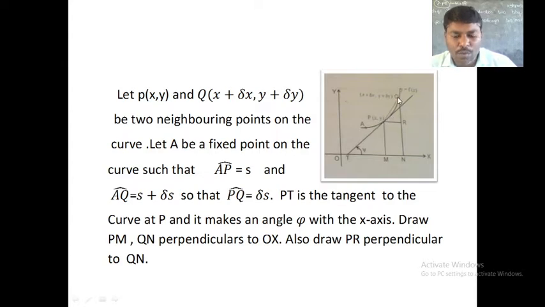PQ can be written as AQ minus AP, that is s plus delta s minus s, so that means arc PQ is equal to delta s.